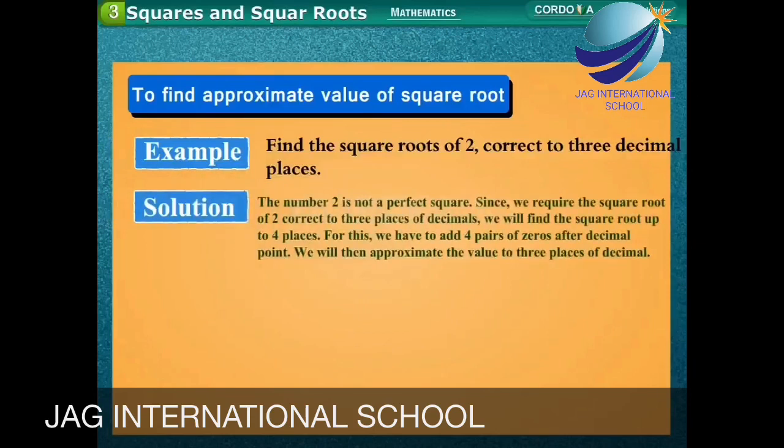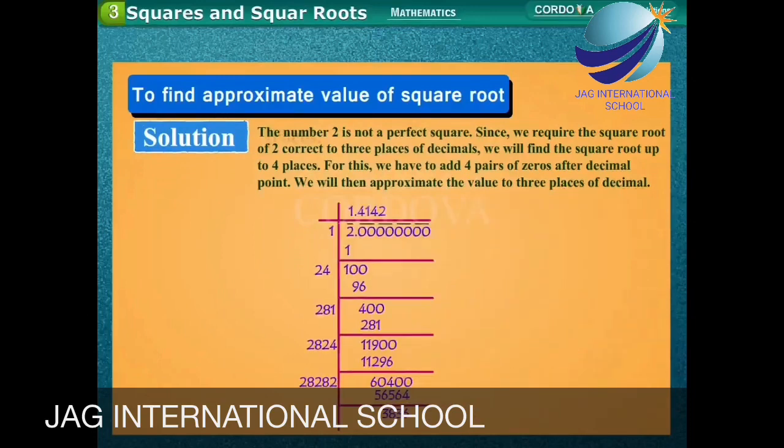Find the square root of 2 correct to 3 decimal places. Solution. The number 2 is not a perfect square. Since we require the square root of 2 correct to 3 places of decimals, we will find the square root up to 4 places. For this, we have to add 4 pairs of zeros after decimal point. We will then approximate the value to 3 places of decimal.